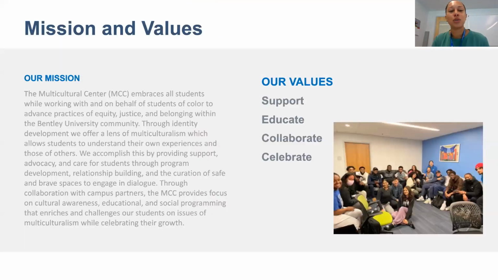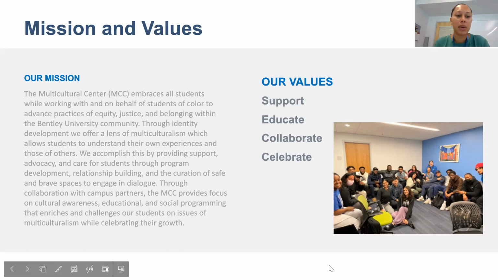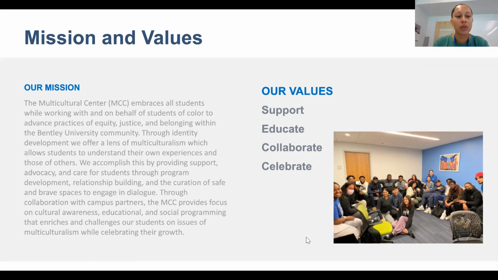So our mission and values in the Multicultural Center. Our mission is to embrace all students while working with and on behalf of students of color to advance practices of equity, justice, and belonging within the Bentley University community. Through identity development, we offer a lens of multiculturalism, which allows students to understand their own experiences and those of others.